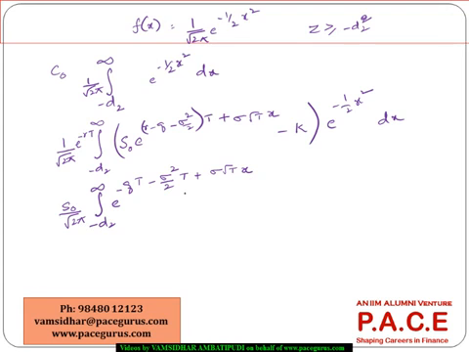Minus sigma squared by 2 into t plus sigma root t into x, minus x squared by 2, minus x squared by 2.